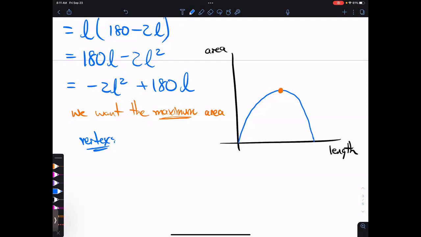Or the quick version to find the vertex from standard form: negative b over 2a. Here, everything's written in terms of L, so that would give us L, right? Negative b over 2a. What's b? 180, and a is negative 2, and 180 divided by 4 is 45.